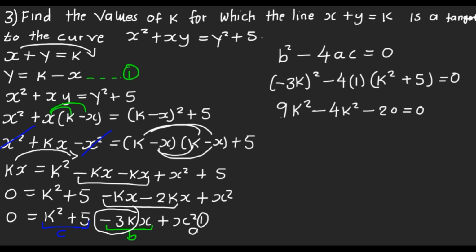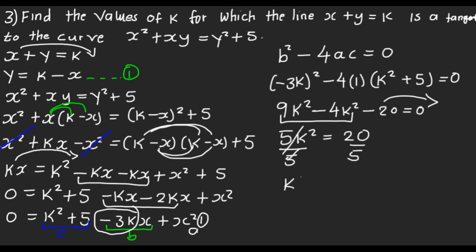So at this point, I can add these two numbers, then we shift negative 20 to the right side. So 9k squared minus 4k squared will give us 5k squared is equal to, then this will become positive 20. So we divide by 5, also here by 5. So k squared is equal to 4.